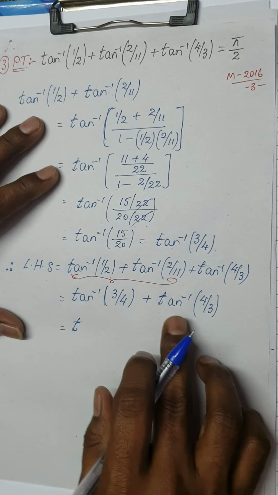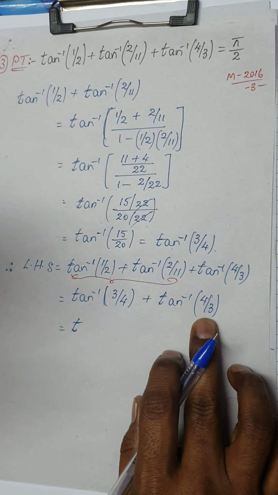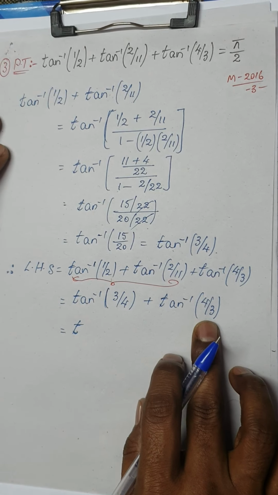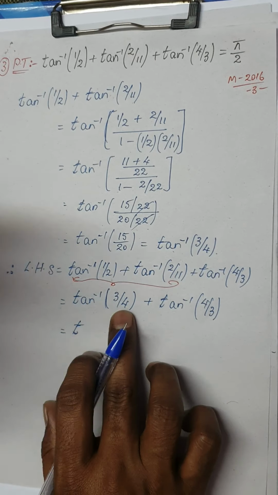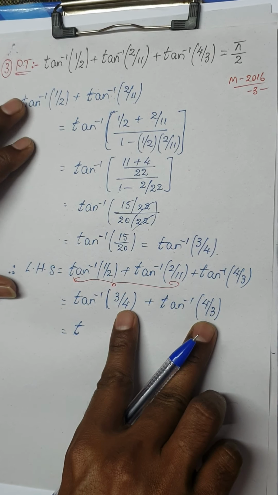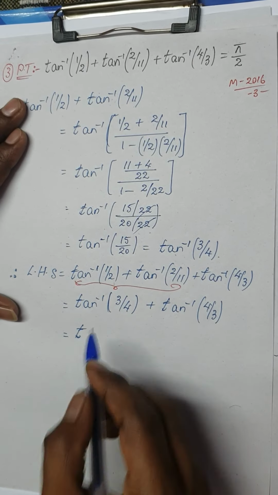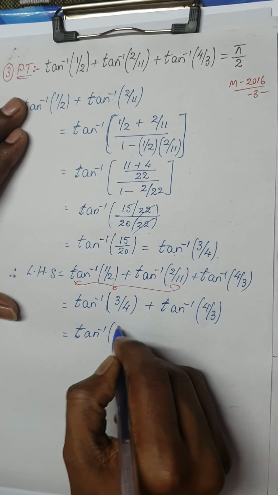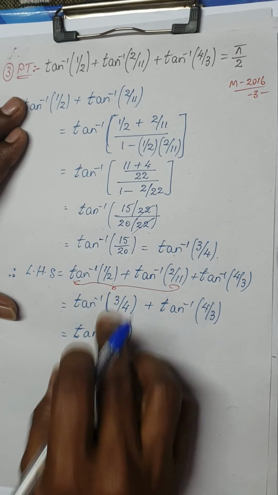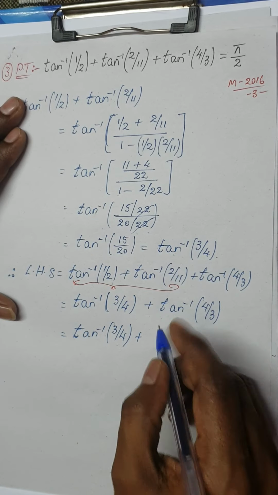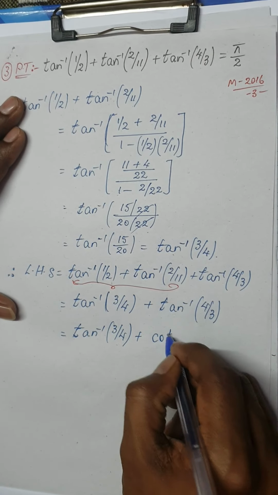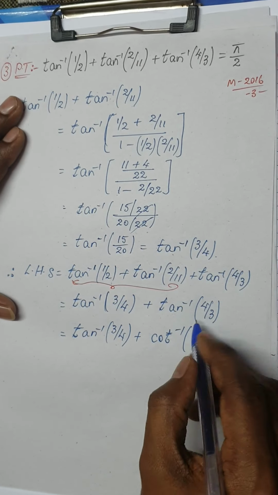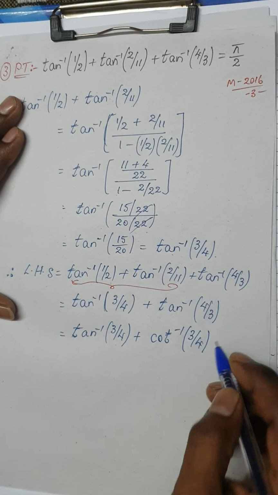You can either use tan inverse of x plus tan inverse of y again here, but I want to be clever. These two terms look like reciprocal functions. So I'm going to keep this term as it is, and instead of tan inverse of 4 by 3, I'm going to convert this function as cot inverse of 3 by 4.